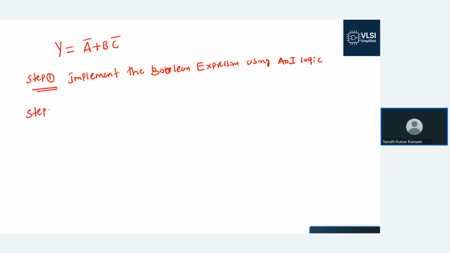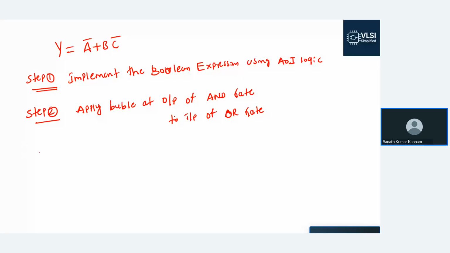Step two: apply bubble at output of AND gate and to input of OR gates.